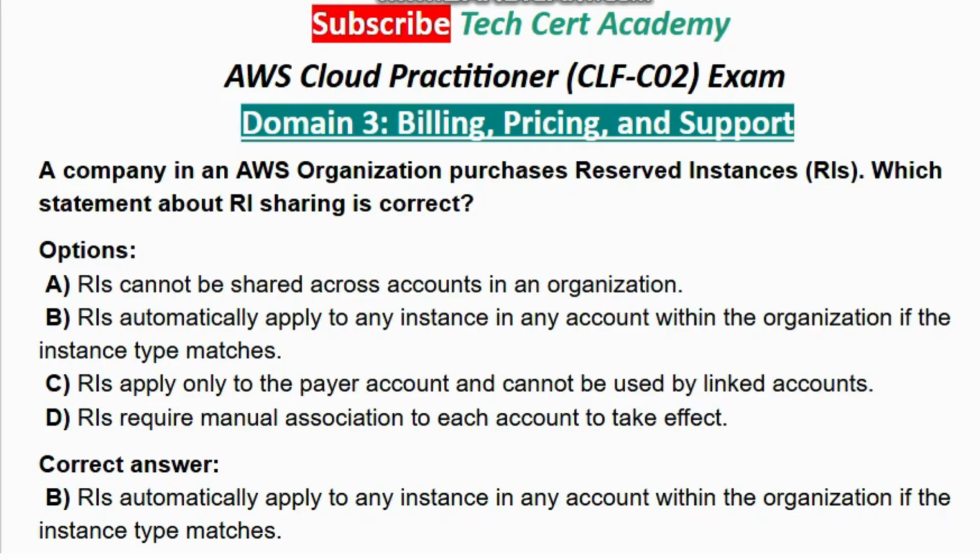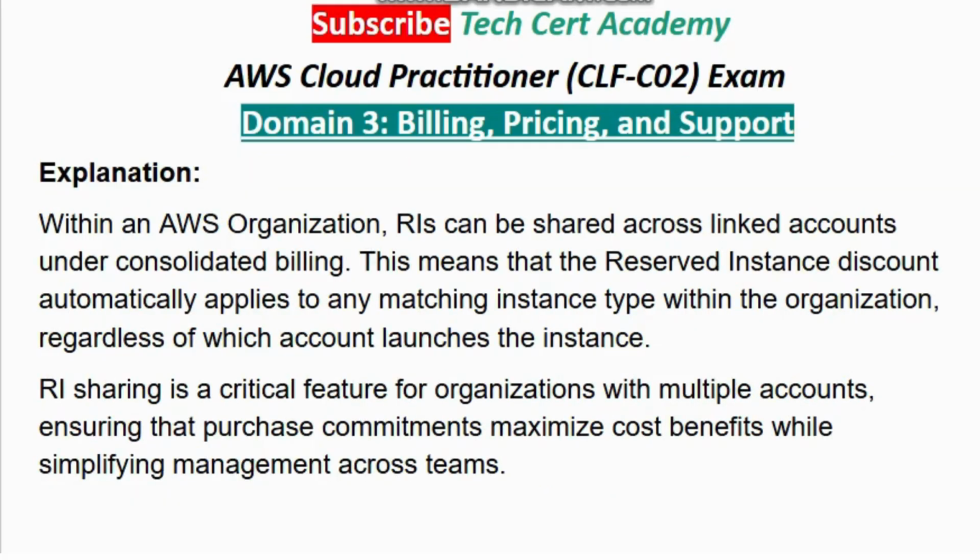Explanation: within an AWS organization, RIs can be shared across linked accounts under consolidated billing. This means that the reserved instance discount automatically applies to any matching instance type within the organization, regardless of which account launches the instance. The discount is applied before calculating the invoice, optimizing cost utilization across multiple accounts.